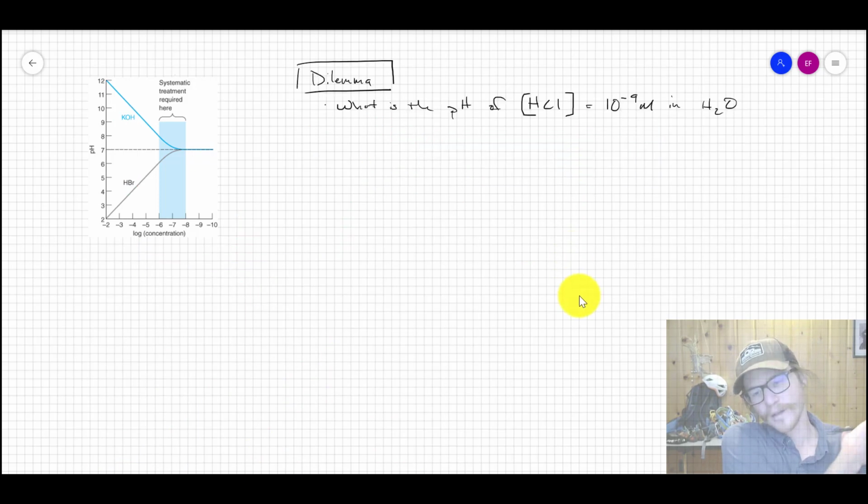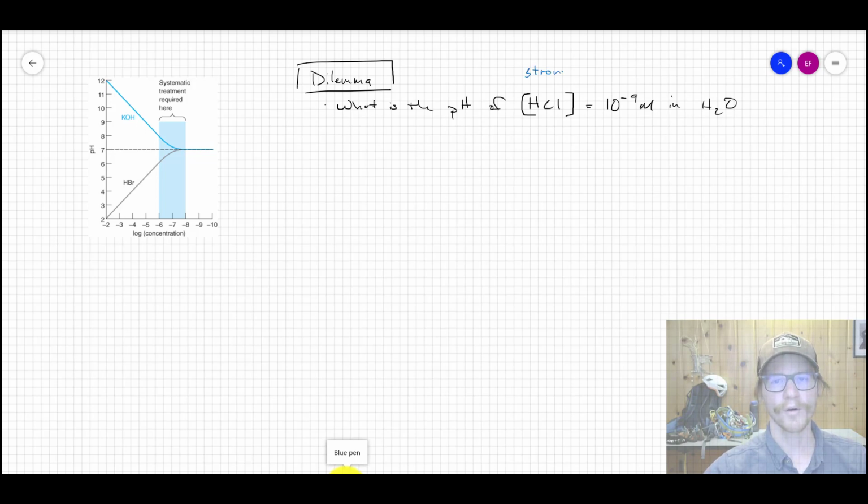Okay, so the dilemma that we have is this question. What is the pH of an HCl solution that's equal to 10 to the minus 9 molar in water? And at first glance, you may look at this and have no issue with it. And that's totally fine, because your instinct would say, well, HCl is a strong acid. What do we know about strong acids?